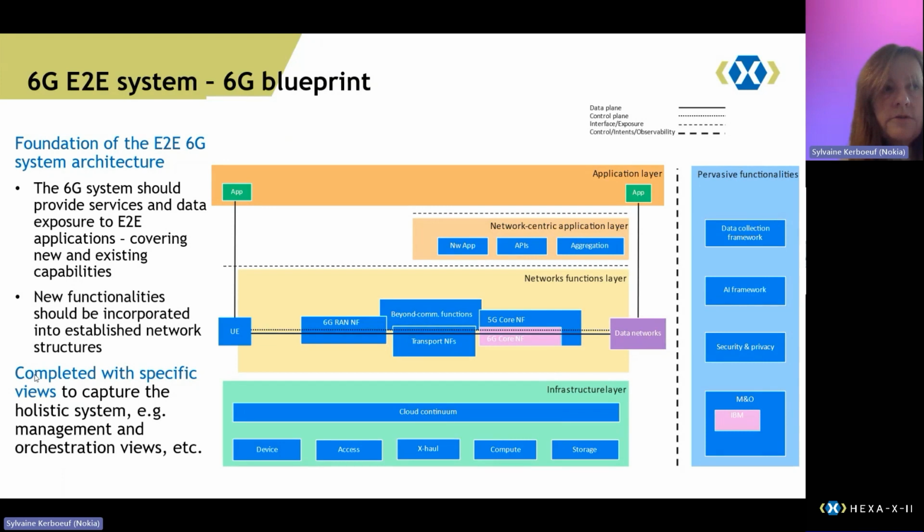Also worth mentioning that this global blueprint is not enough to capture all the aspects of the holistic system. So we will have some dedicated views to complete this overall system blueprint, and I will show you later a first view focusing on management and orchestration.